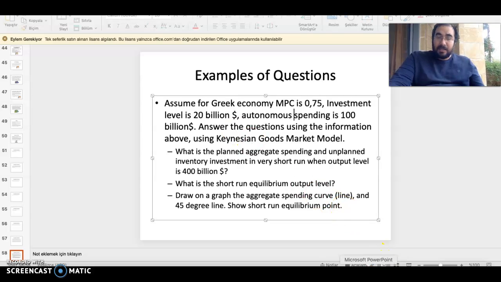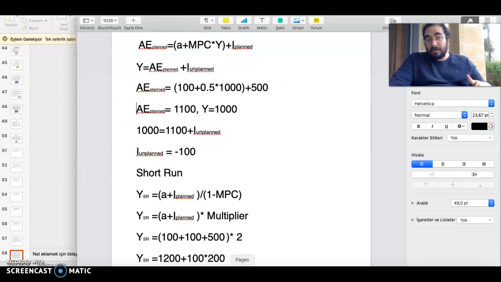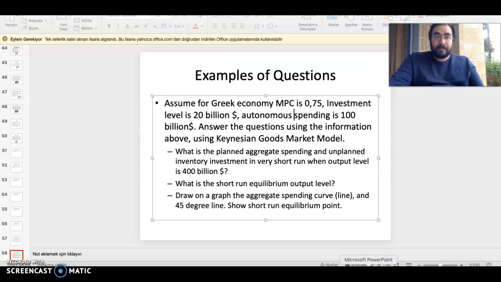Let's take 100 actually in this case, autonomous spending, because autonomous spending is autonomous consumption spending plus planned investment spending. So if this is 100, in that case, basically our equation will become like this. Of course, I should also write here planned investment level, basically. That's also missing here.